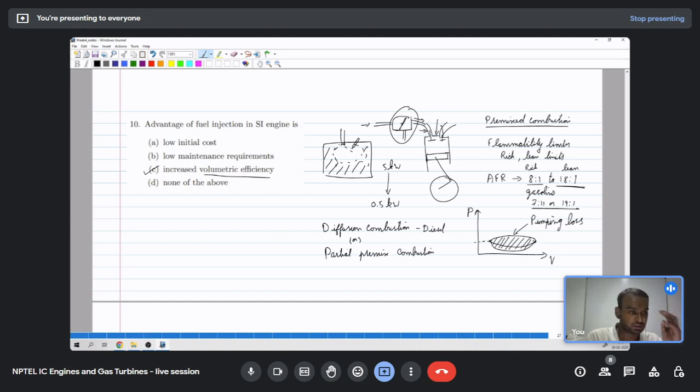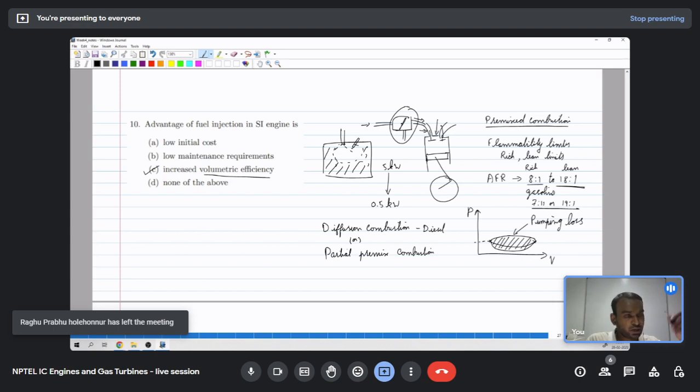That is why we have a throttle body in the SI engine, where we reduce the mass flow rate of air and also the flow rate of fuel. Thereby we stay within the flammability limit, but supply less fuel, which produces less power output, which is our desired state.